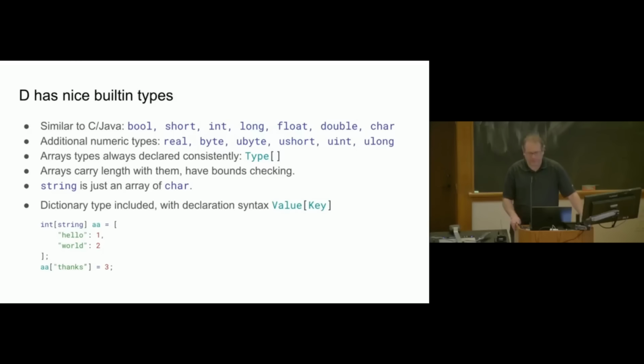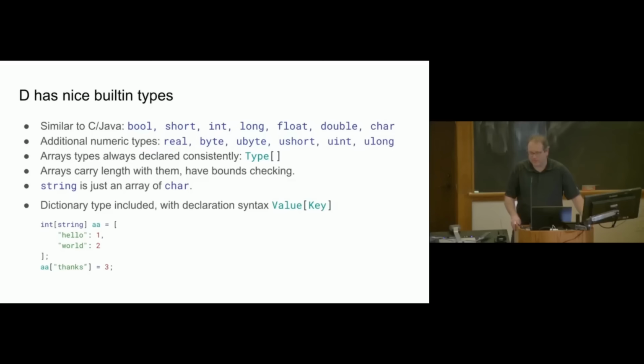We have built-in types that are similar to a lot of other languages. The ones that are similar to C and Java, you see at the top there. Then we have the unsigned versions of most of those. And the other addition is byte, which is an 8-bit value, versus char, which in C would be what you would use. Array types are declared consistently.